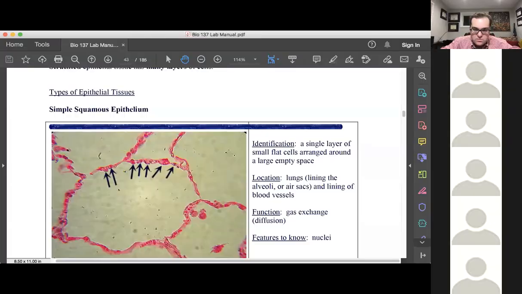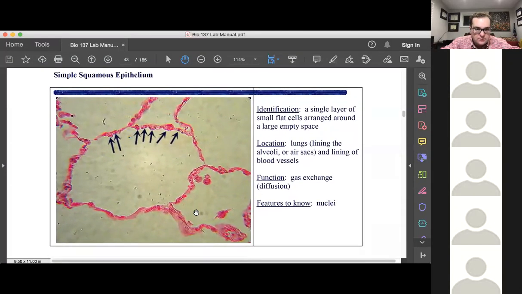Okay, so let me share my screen again. All right, so now we were talking about the simple squamous epithelium. We have to have a one layered cell line here because we are diffusing gas. Gas cannot travel through a bunch of stratified layers.